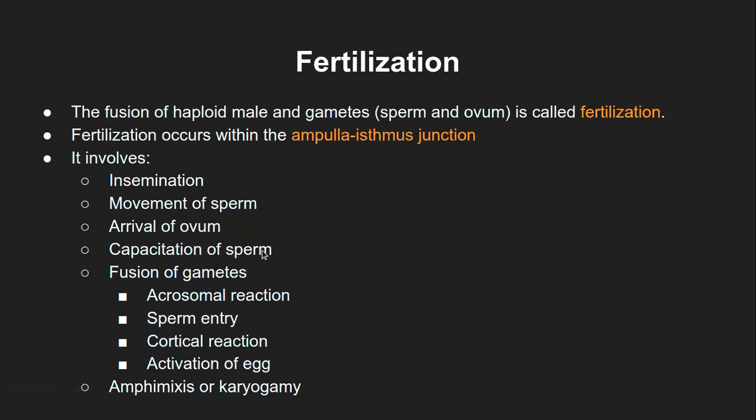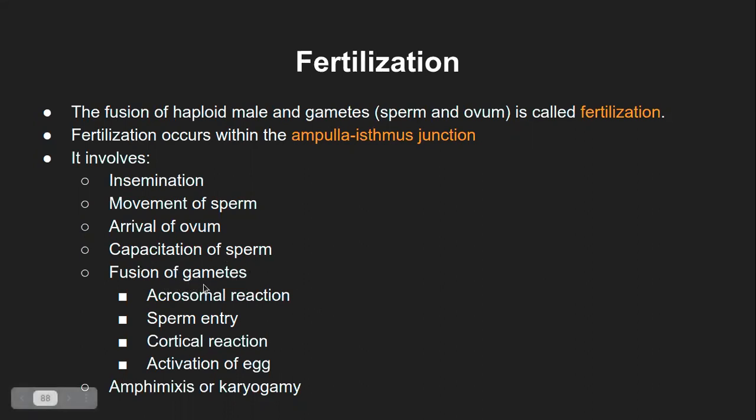Capacitation of the sperm: we have seen there are several decapacitation factors present around the head and the acrosome portion of the sperm, which need to disintegrate so that the nucleus and the acrosome part can break open and do the further actions required for the fusion of gametes.